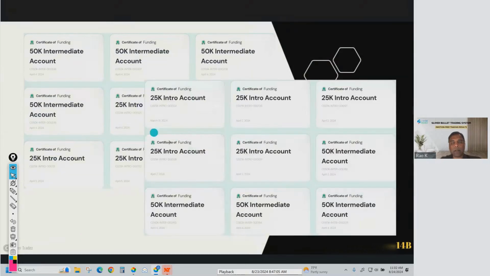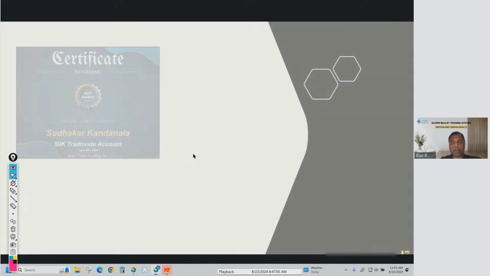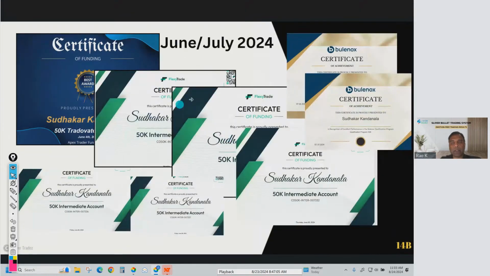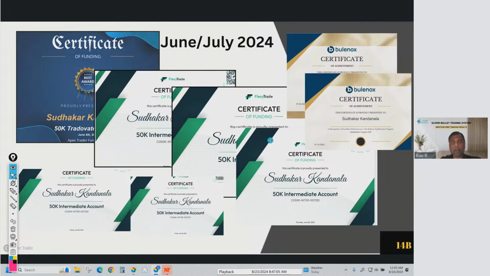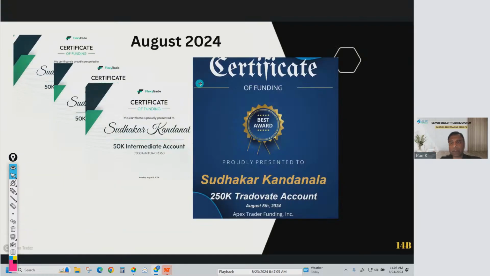These are another set of certificates, and these certificates are from June, July month. 1, 2, 3, 4, 8 of them, and here we have from August. This month we have achieved about 4 of them so far. So we are averaging one account per week.